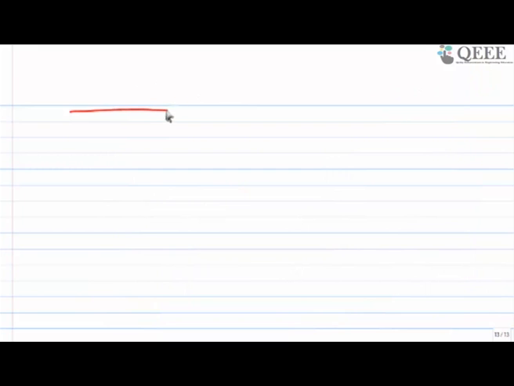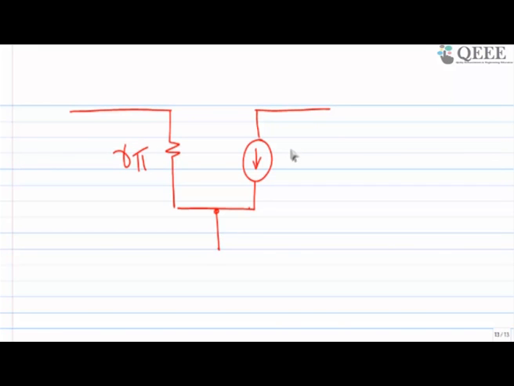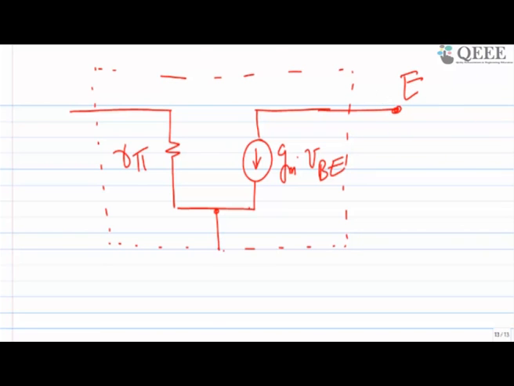So now if we replace those Y11, Y12 and all those parameters, we are going to see here R pi, and here GMVB. This is the collector, this is the emitter, and this is the base.